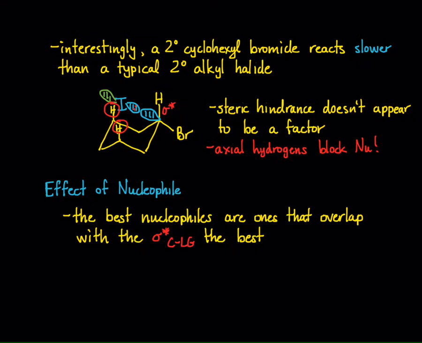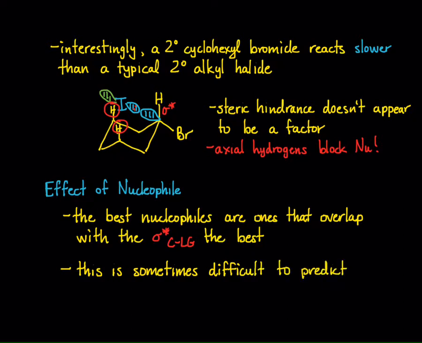Now, how do we predict that? Well, predicting this becomes pretty difficult to do. And so you sometimes have to kind of get a feel for what's going on. And there are certain trends, and we're going to take a look at those trends.